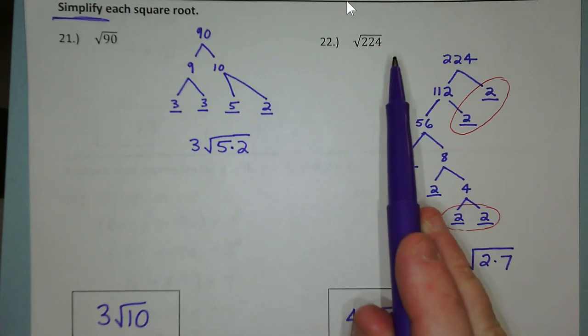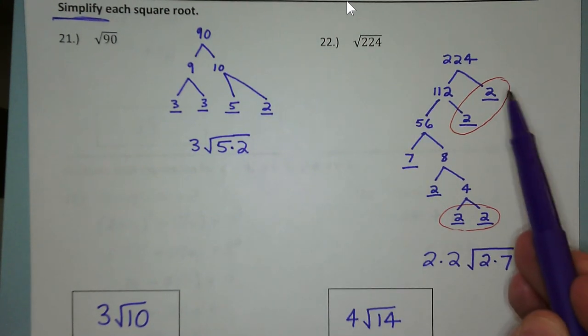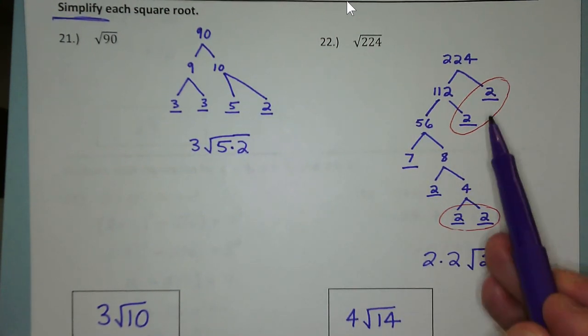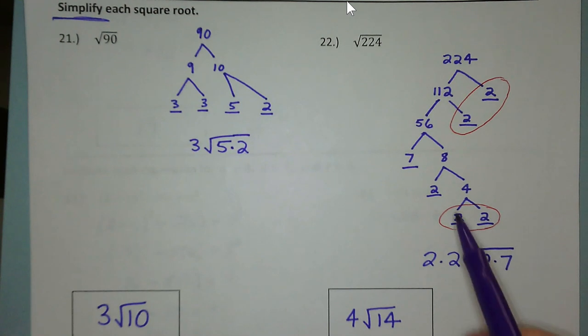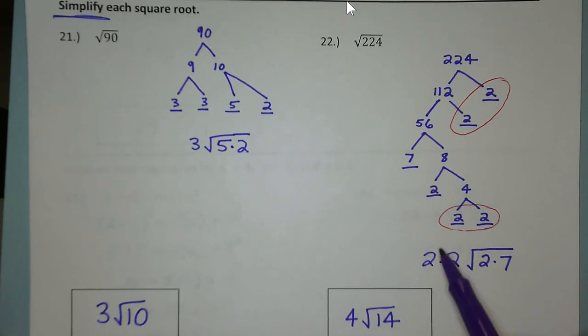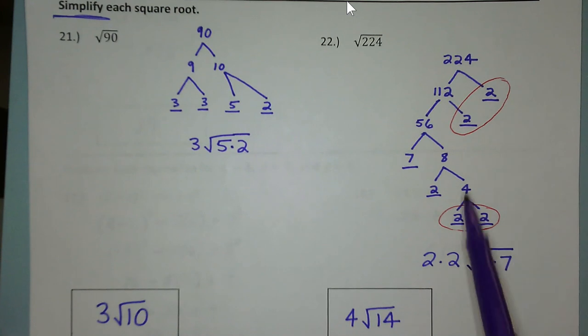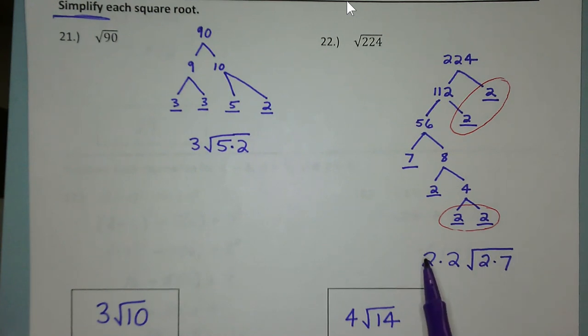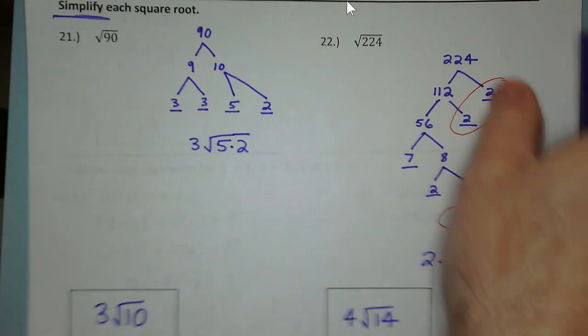For this large number, it looks like I ended up with 5 2s, like 1, 2, 3, 4, 5, and a 7. And so a couple pairs of 2s, which means a couple of 2s being brought out, but a single 2 and a single 7 stay under there.